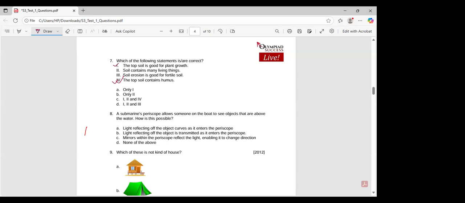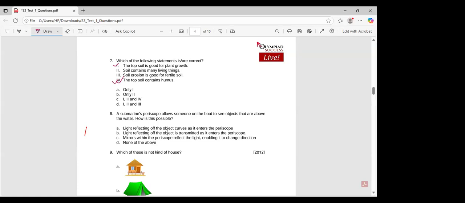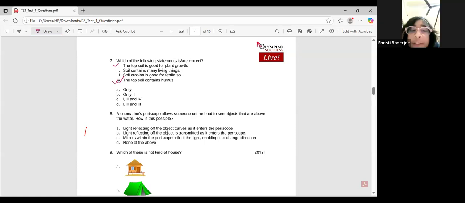Coming to the next, soil contains many living things. Do they actually contain living things? Any idea? Ma'am, they only contain roots. It's not about only plants, but in general I'm asking, does soil contain living things that are important for plant growth?